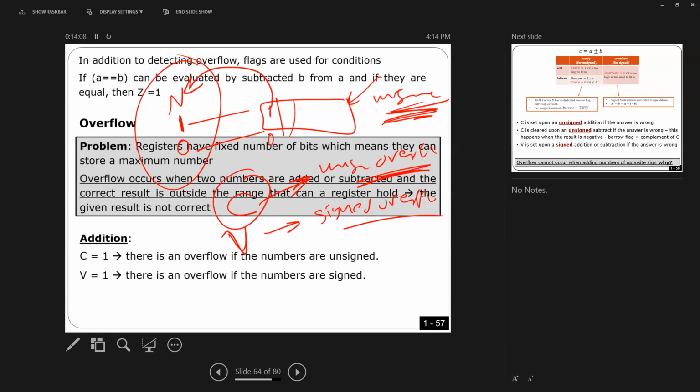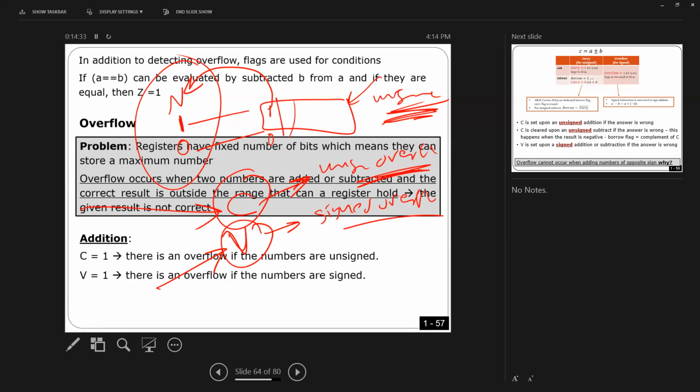So when it calculates the carry flag, it's going to assume the numbers are unsigned. When it calculates the V flag, it's going to assume the numbers are signed. And now it's up to you as a programmer. If you want to know if there is overflow or not, and your numbers are signed, you look at the V flag. If your numbers are unsigned, you look at the carry flag.